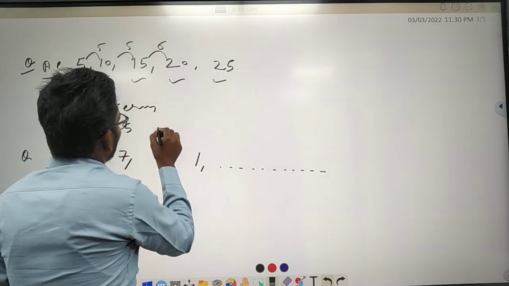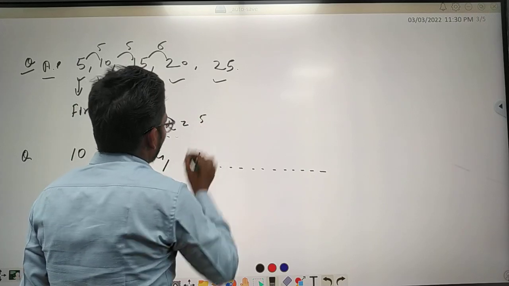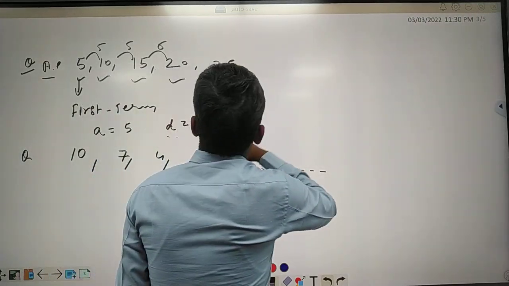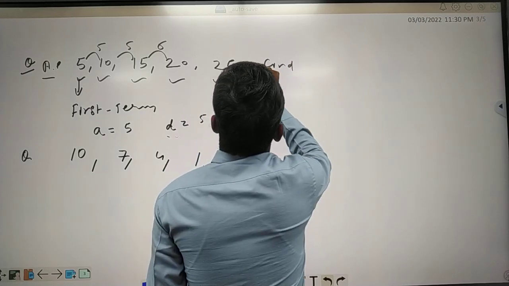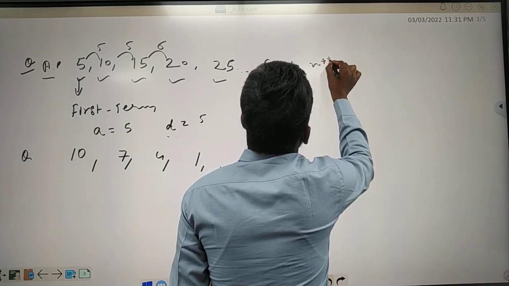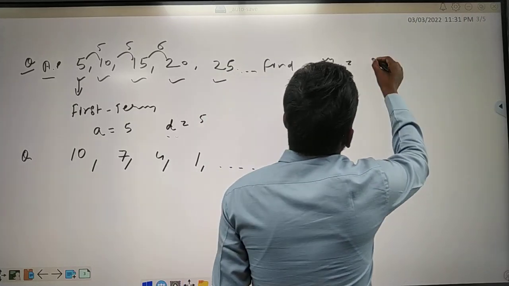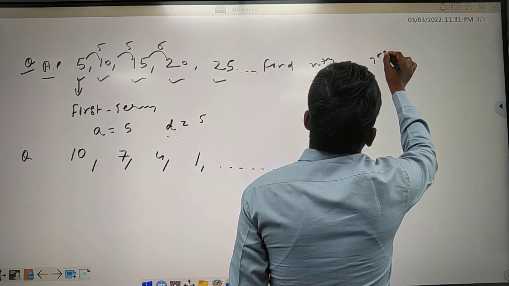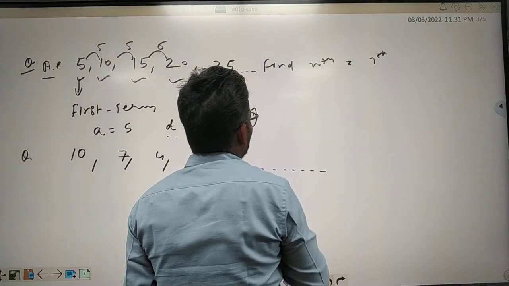The common difference is denoted by D and D is equal to 5. In this AP, find the nth number, which we can assume is 7, so n is equal to 7.